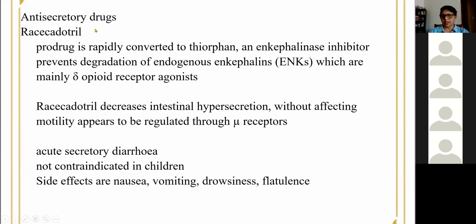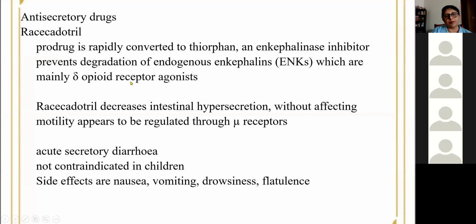Then anti-secretory drugs. So in the intestine, there are two types of receptors. There are opioid receptors, delta receptors as well as mu receptors. When you study opioids in class, you will be studying all these receptors. So delta opioid receptors are there and mu opioid receptors are there in the intestine. They are in many places, but I am talking only about the intestine.